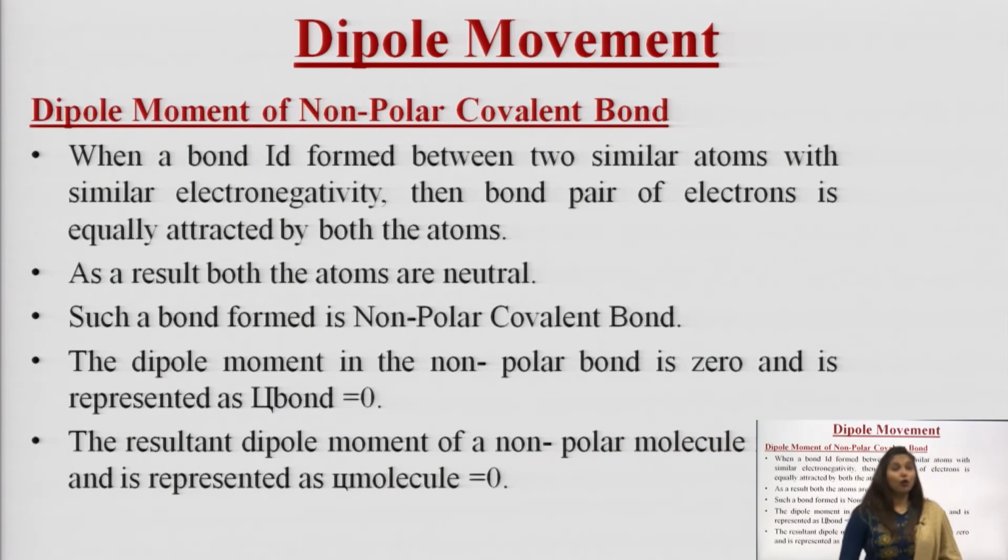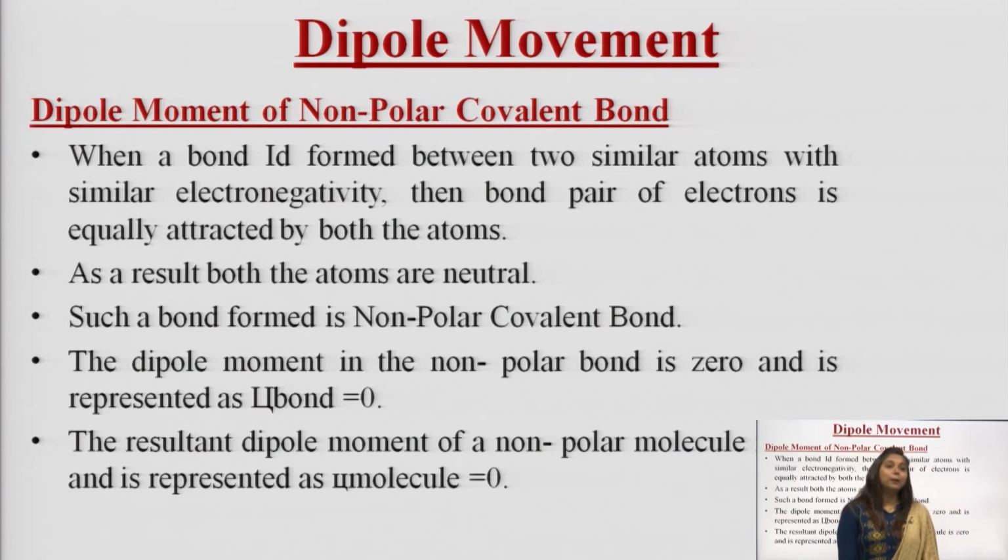Okay. So, here we can say dipole moment of non-polar covalent bonds. When a bond is formed between two similar atoms with similar electronegativity, then the bond pair of electrons is equally attracted by both the atoms. As a result, what happens?